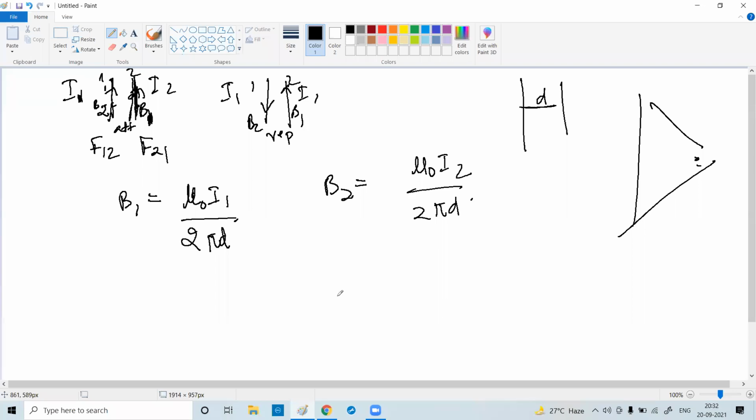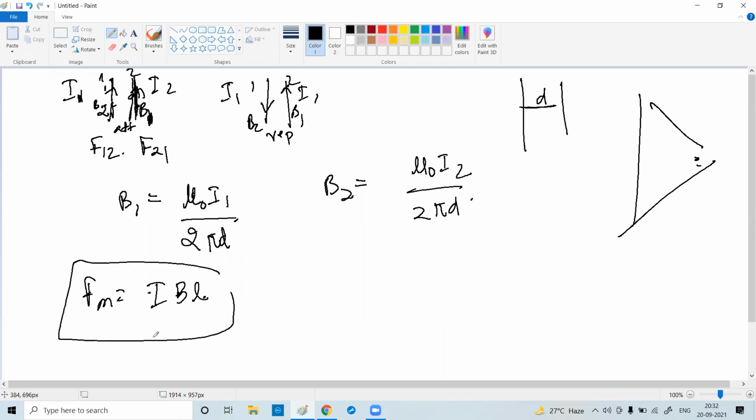So now, if I say, what is this force? What is the magnetic force? We studied, no? IBL. Yes or no, guys? So F12 will become what? B1 into I1 or I2?